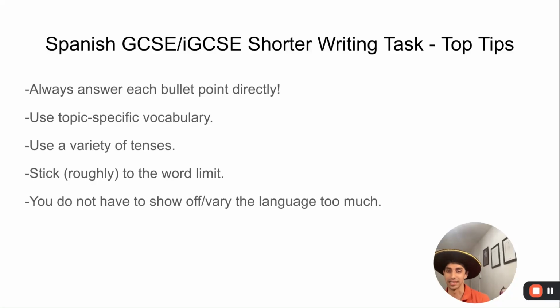But you don't have to go crazy and include as many different grammatical forms as you can. That's more for the longer writing task, where variety is more significant. For the shorter writing task, it's really precision, accuracy, and keeping your Spanish correct, and of course, addressing every single bullet point equally. Those are the things to prioritize.